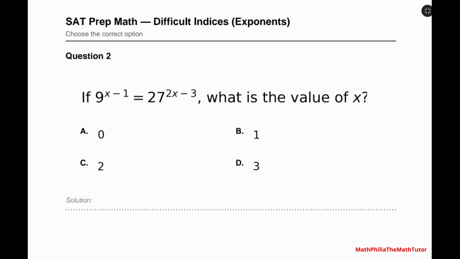Question number 2. If 9 raised to the power of x minus 1 is equal to 27 raised to the power of 2x minus 3, what is the value of x? As I said, since we have multiple choice questions, you can just go ahead and do trial and error. Start from A to D. You just plug the values here and see.